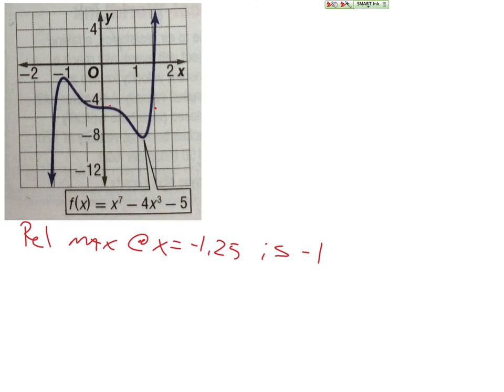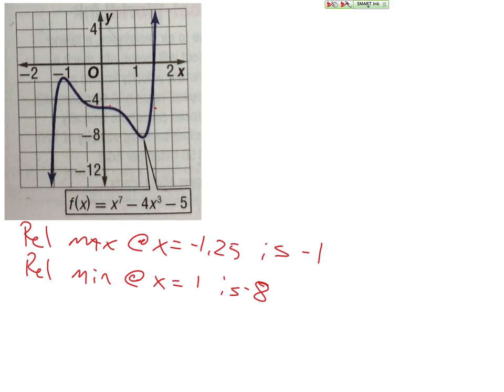All right, Cam, give me another one. Negative approximately 1. And it is -8. Okay, why is that a relative minimum? Because f of x changes from decreasing to increasing. Very good. Blake, do I have any absolute extrema? You do not. Why not? Because they go to infinity. There's no bottom and there's no top.